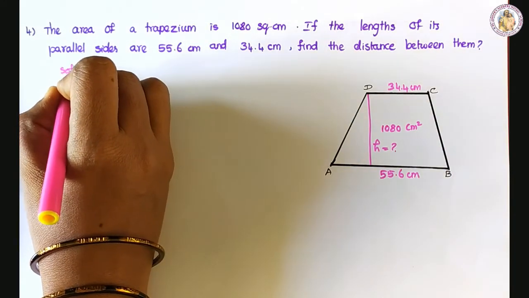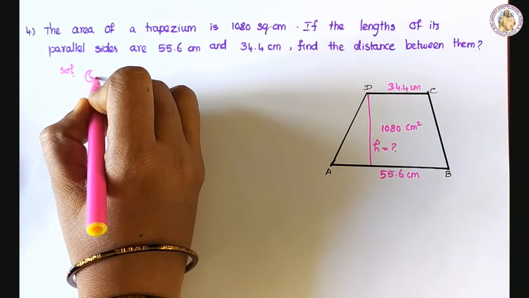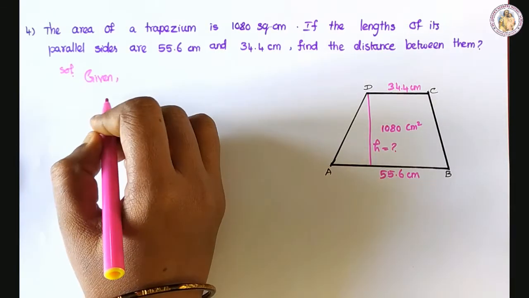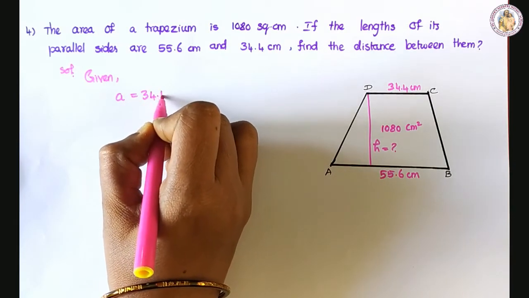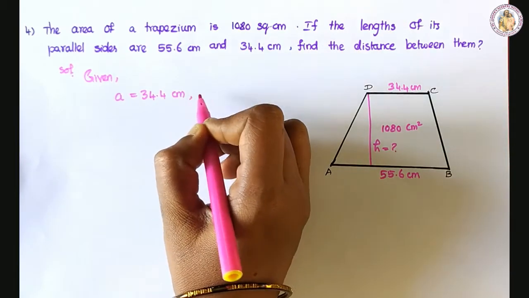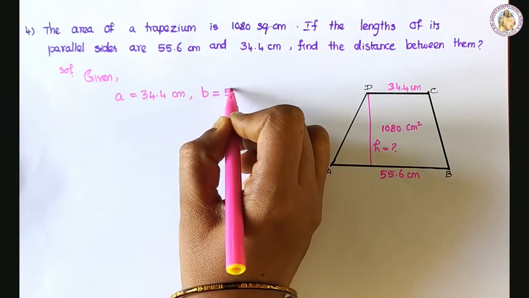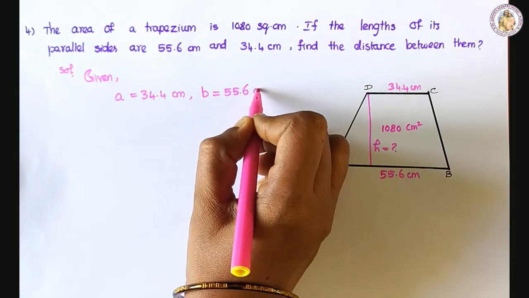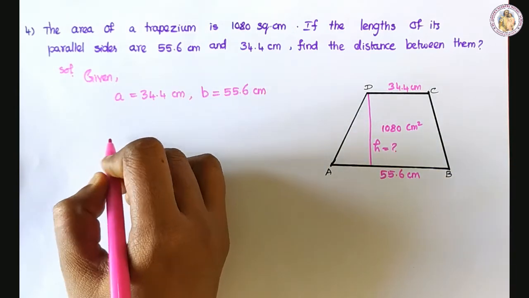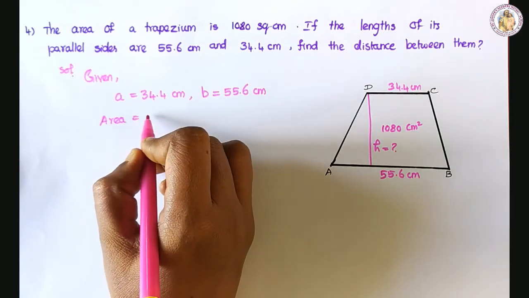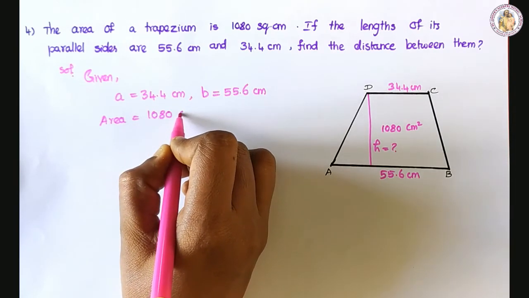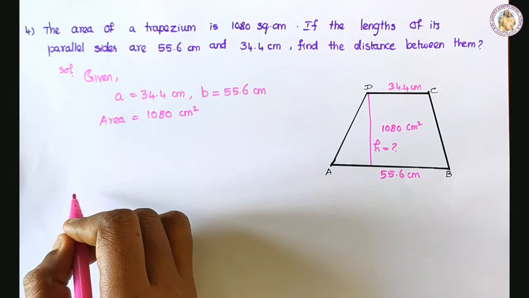So solution, write down what is given. a equal to 34.4 centimeter and b equal to 55.6 centimeter, and its area equal to 1080 centimeter square.